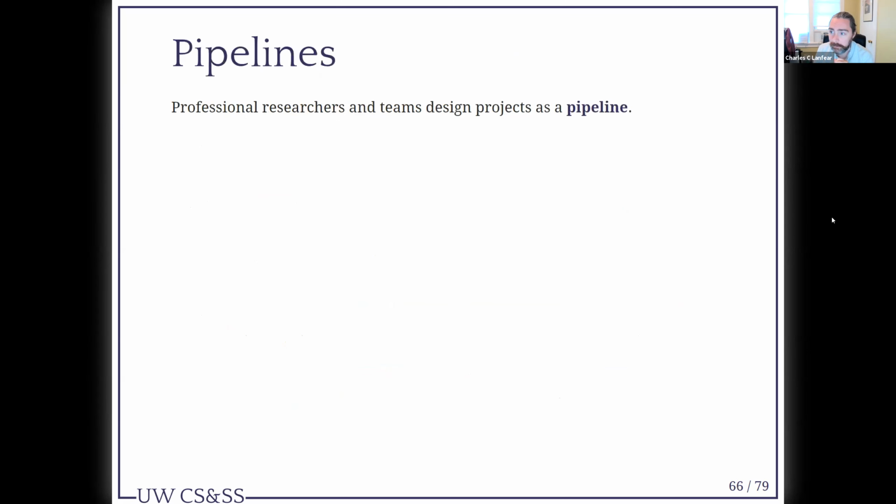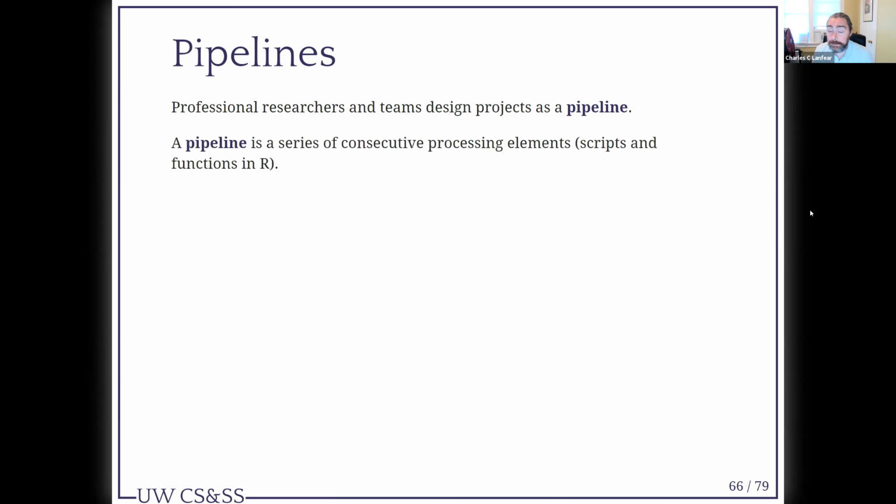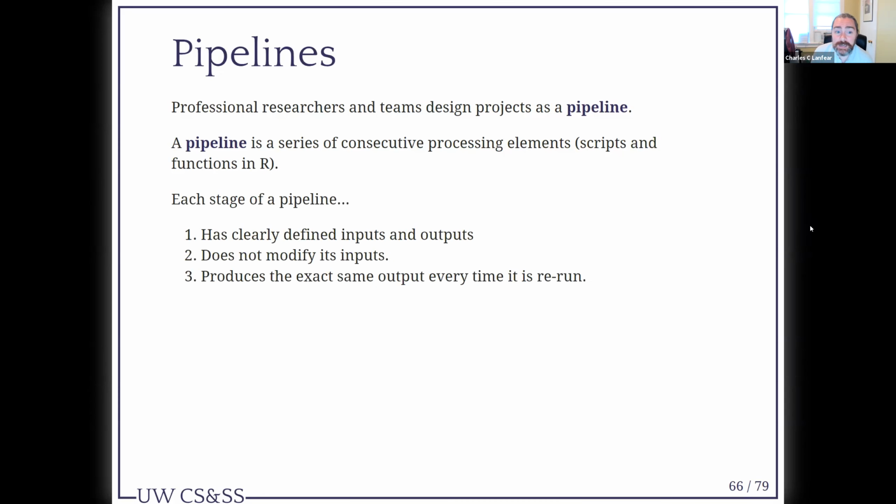So, what's a pipeline? Professional researchers and teams design their projects and software as what is called a pipeline. A pipeline is a series of consecutive processing elements. These are things like scripts and functions in R. At each stage of the pipeline, there will be a clearly defined input and a clearly defined output for that stage.